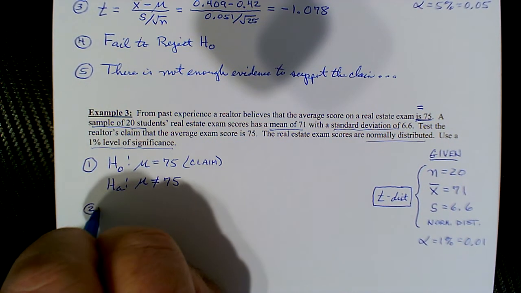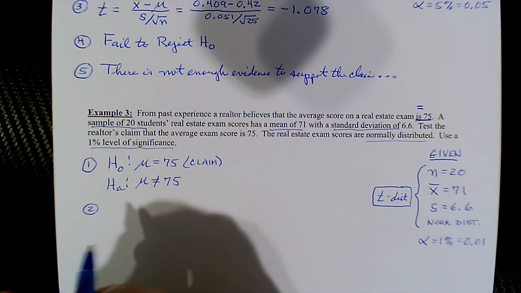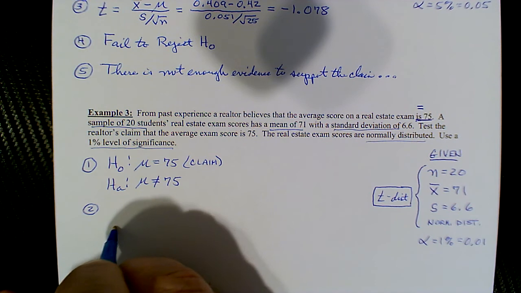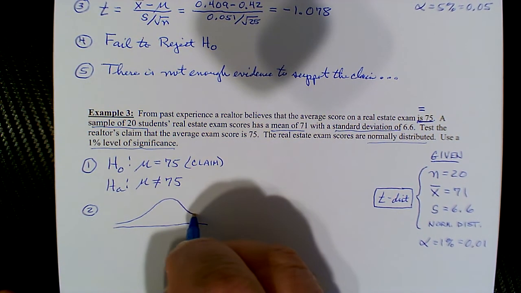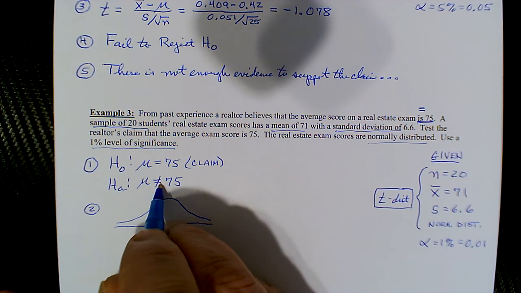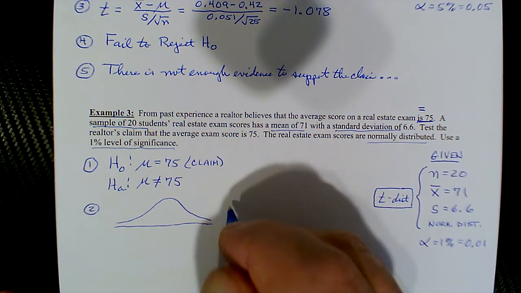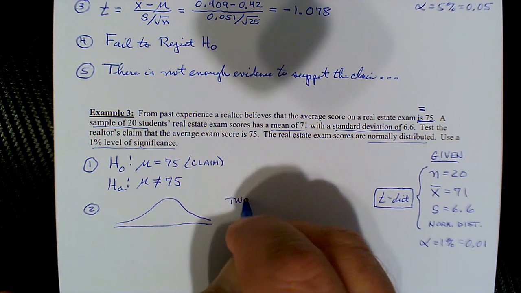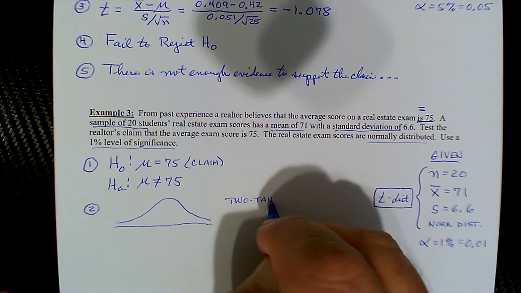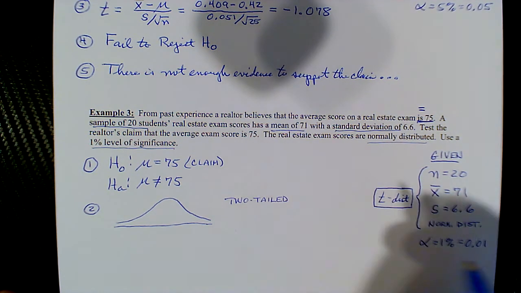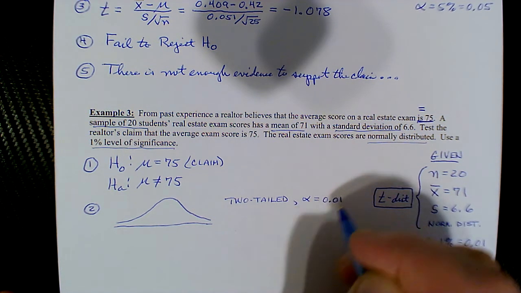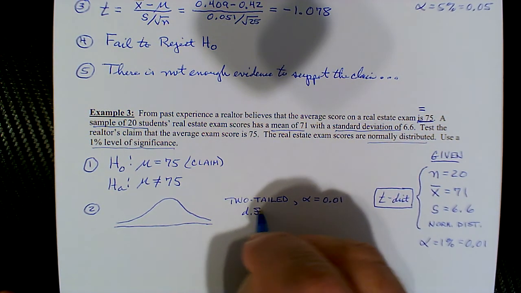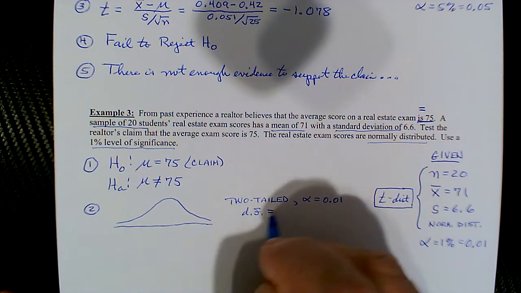Second step, critical value. But now we have a two-tailed test because the inequality in HA is not equal to. I'll reiterate that alpha is 0.01. Our degrees of freedom are 20 minus 1, or 19.